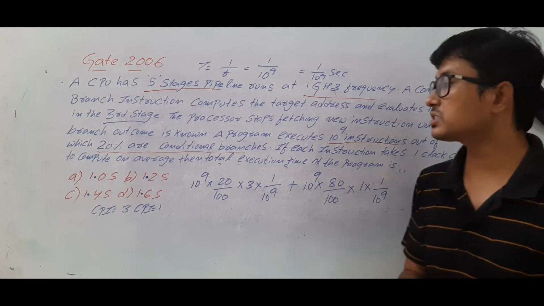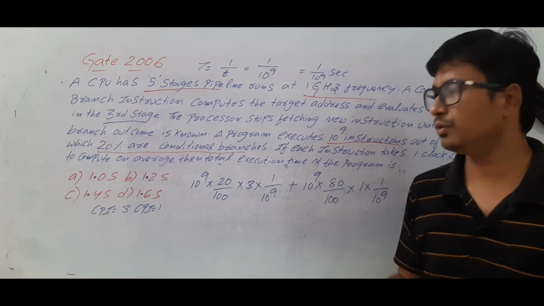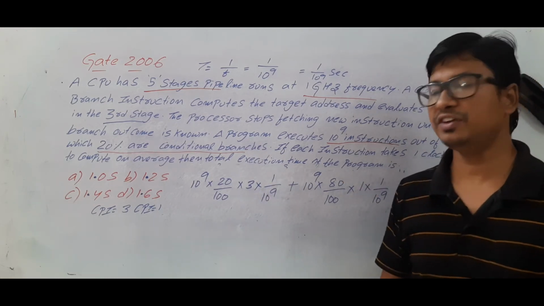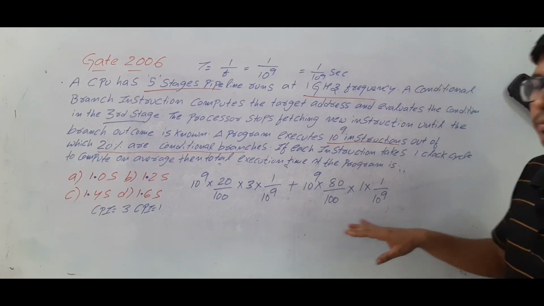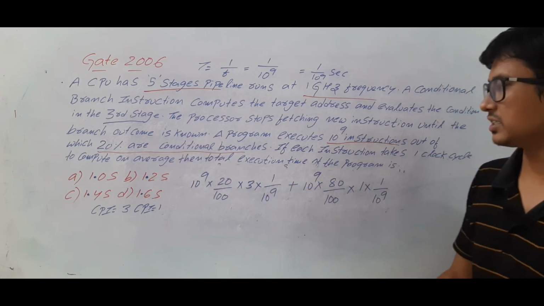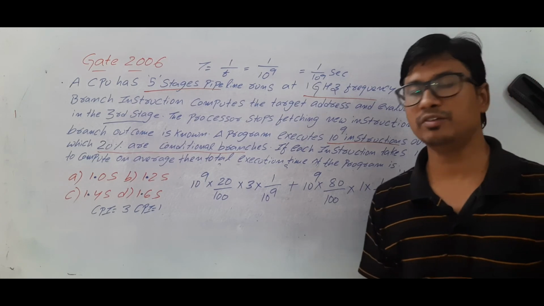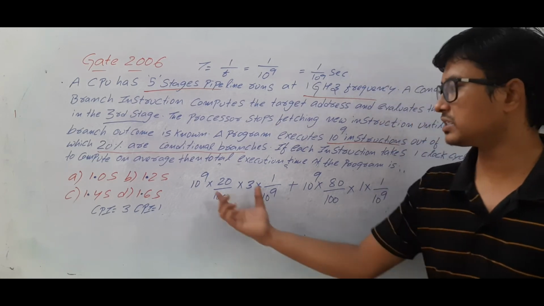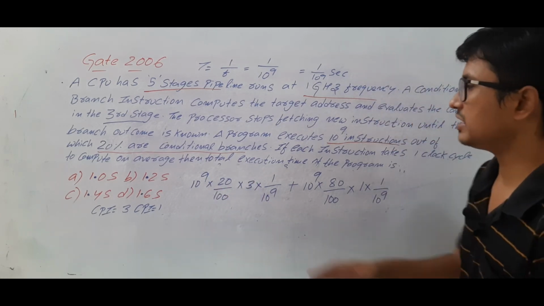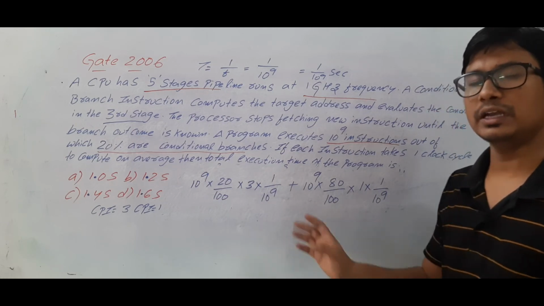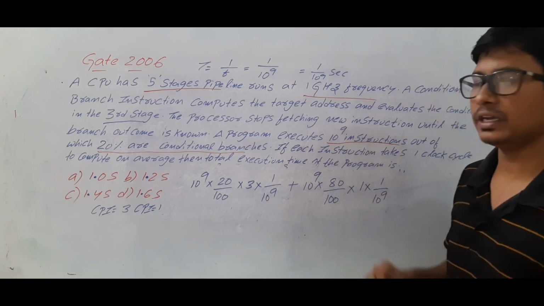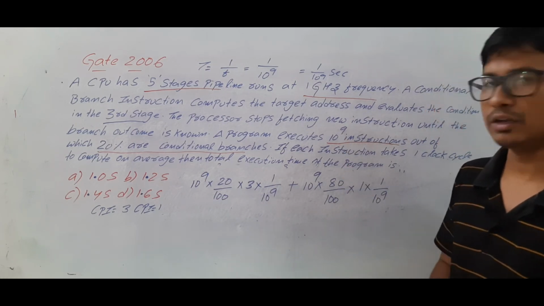Now they have asked for the total. In the earlier video, we discussed average. If it is average, I would have divided by the total number of instructions. As they asked for the total, we should not divide by the total number of instructions. Are you able to understand? If it is average, I would have divided by 10 power 9 because 10 power 9 instructions are there. Now how can we solve it?